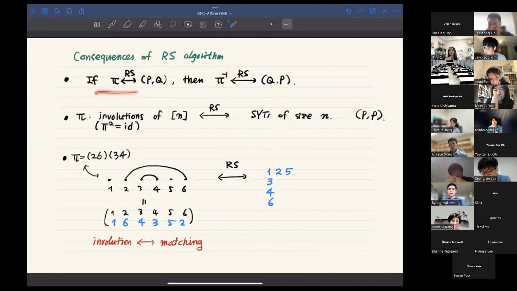So this gives us the result that involutions of N are in bijection with standard Young tableau of size N.